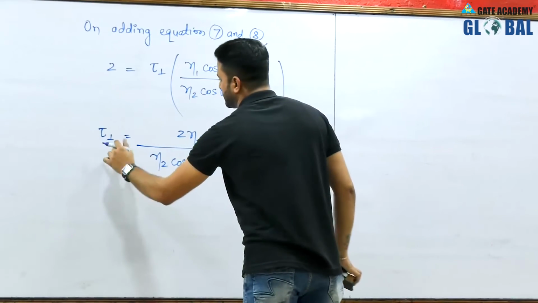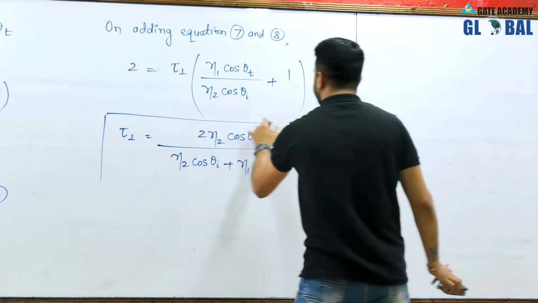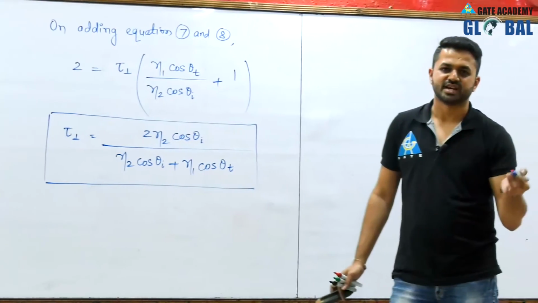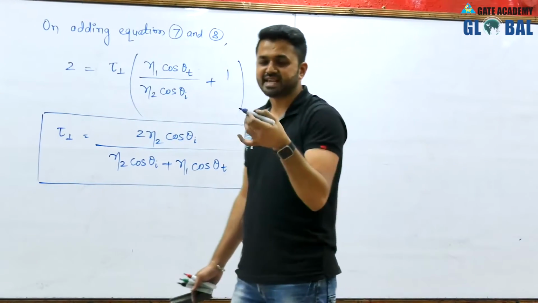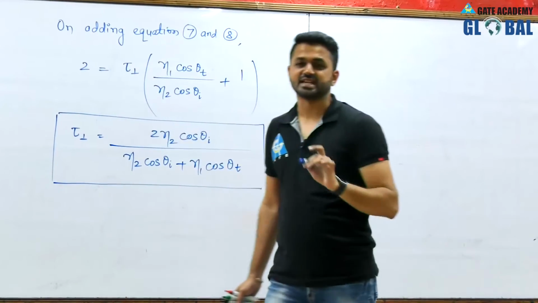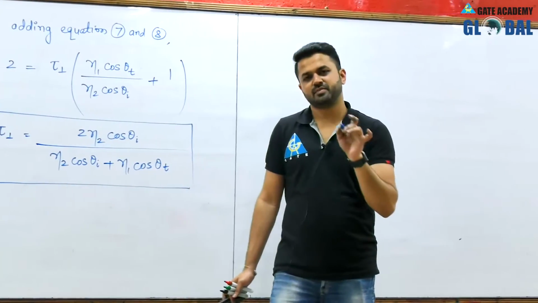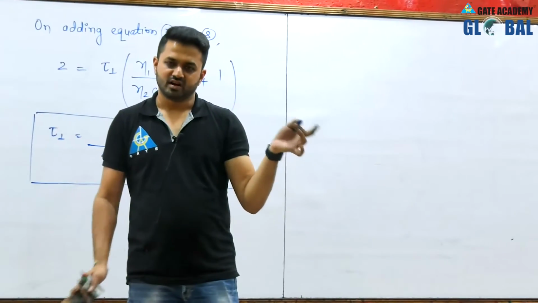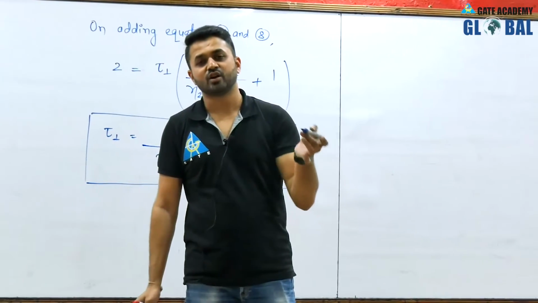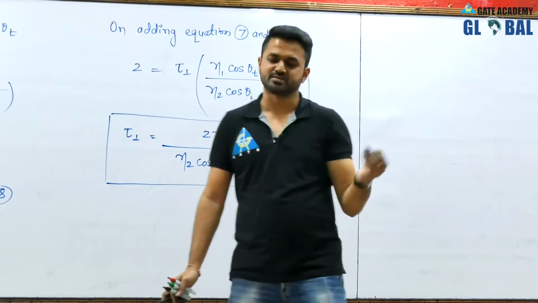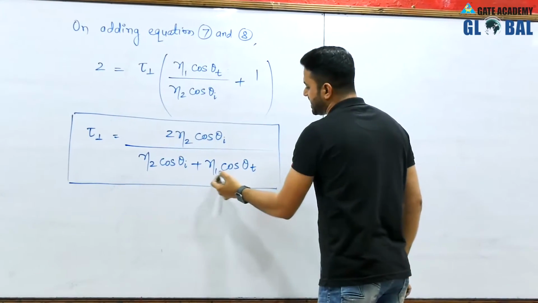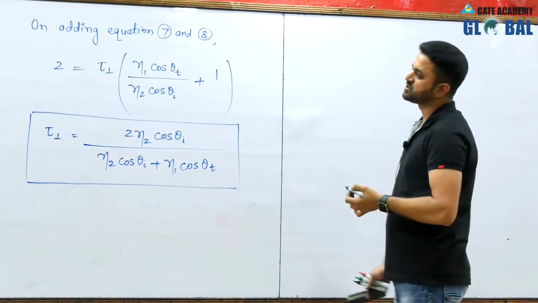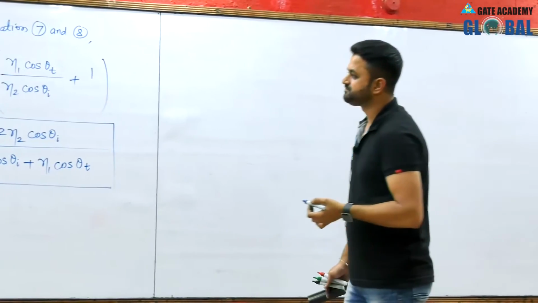I told you how to remember the formula: if the medium is second, then the angle associated will be the angle of second medium, that is theta t. But in case of perpendicular polarization, if the medium is second, then the angle associated with the term eta 2 is the angle of incidence, that is angle of first medium. So eta 2 cos theta I and eta 1 cos theta t, and the numerator is the same as in the case of parallel polarization.